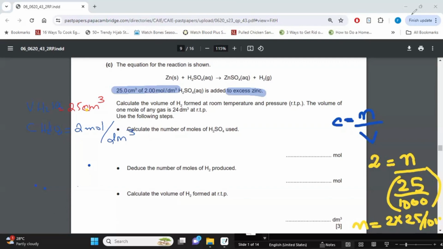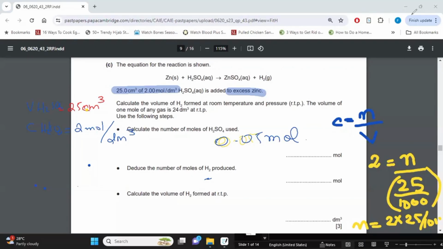So the value that we have over here is 0.05. Okay. Now that we have the moles of sulfuric acid, we now need to figure out the moles of hydrogen.